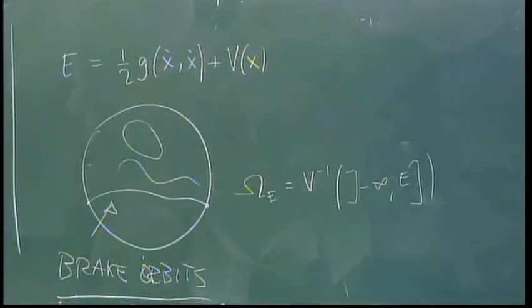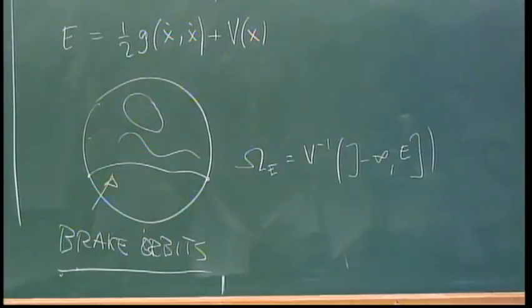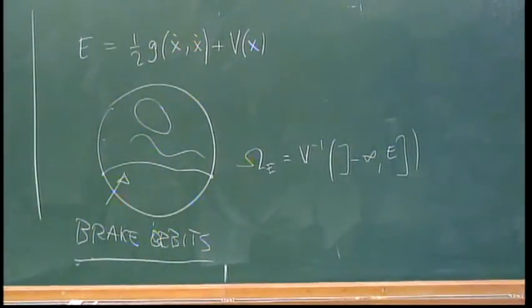And a particularly interesting question to ask is, how many brake orbits does a potential system, a conservative system like this have?